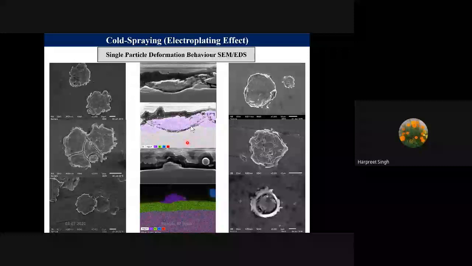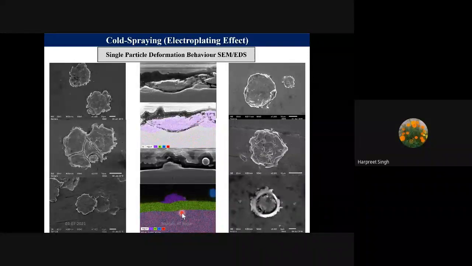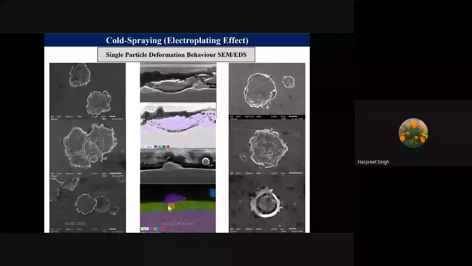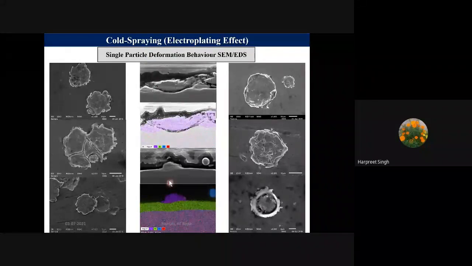Okay, let me again clarify here. So see this last case. In this case, this is our substrate, this is our nickel interlayer, and this is our copper. See how beautifully the bond has been seen here, single particle behavior. But here there is a lot of gap.